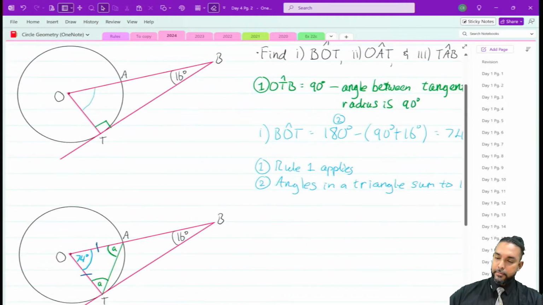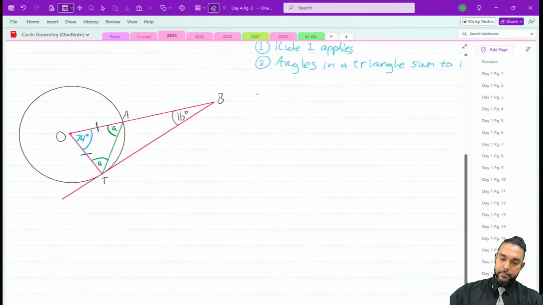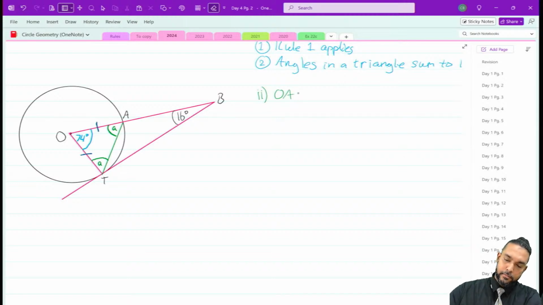Sorry. What then? Part 2 is OAT. Right, so OAT will be equal to 180 minus 74, then divided by 2, right?